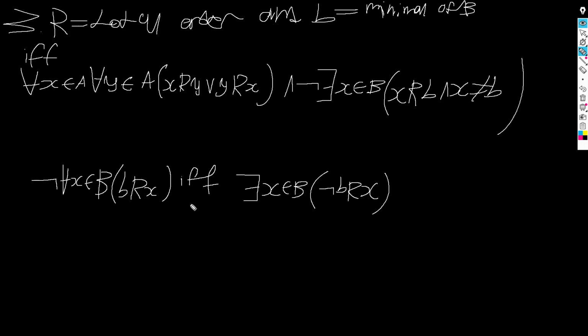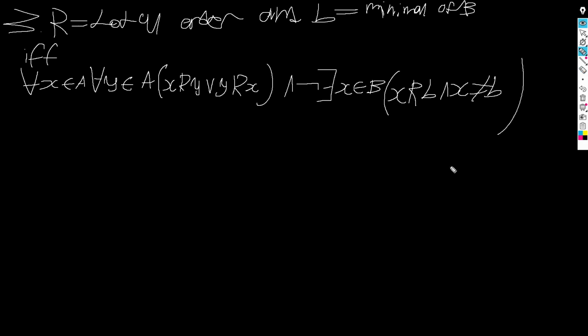And this is true if and only if there is an x in B where M is not R related to x. If this is true, then R being a total order cannot be true, because since there is no x in B that is R related to M that is not M, then this one is immediately crossed out. And since this is true, then this is not true for all elements in B. So you reach yet another contradiction, meaning since the statement that led to the contradiction was that M is not the smallest element of B, then M is the smallest element of B.